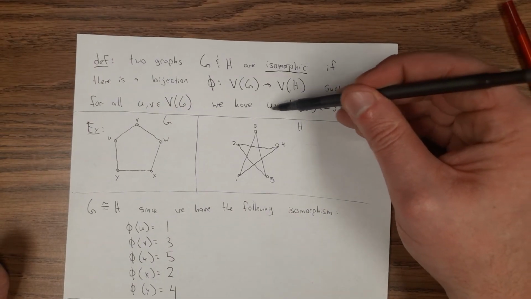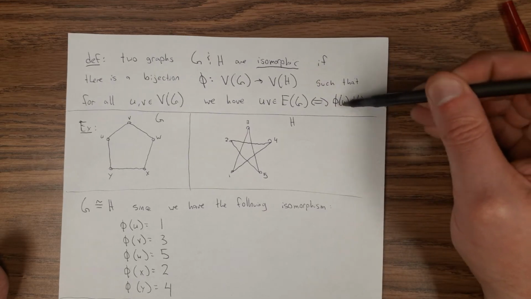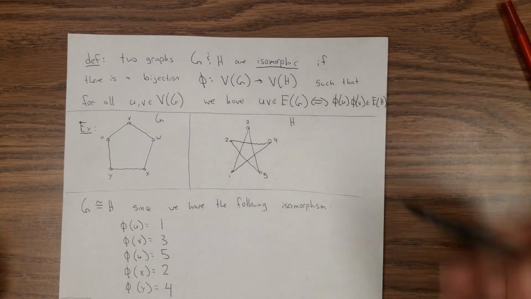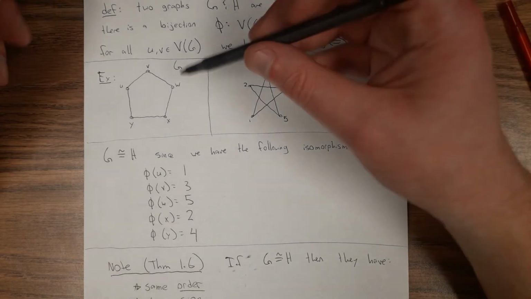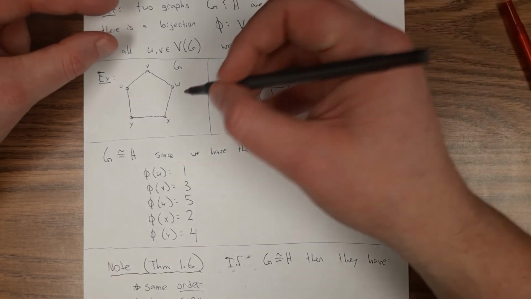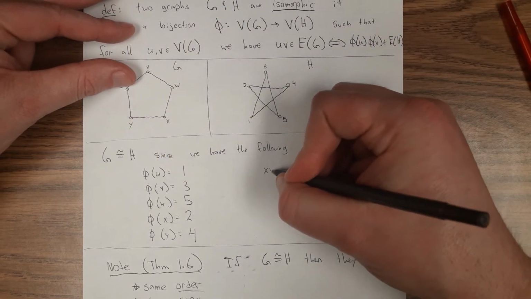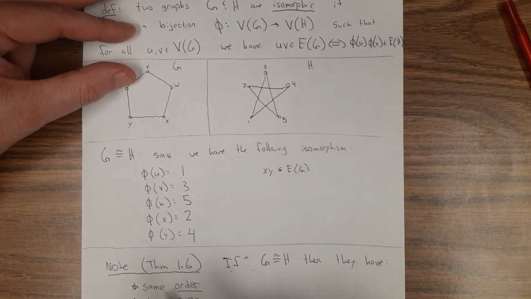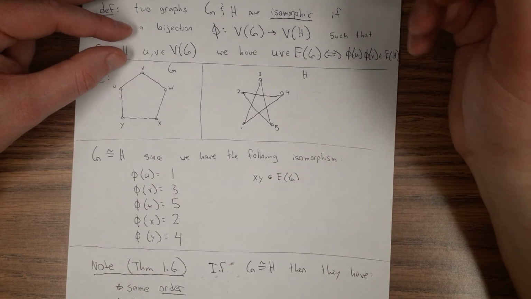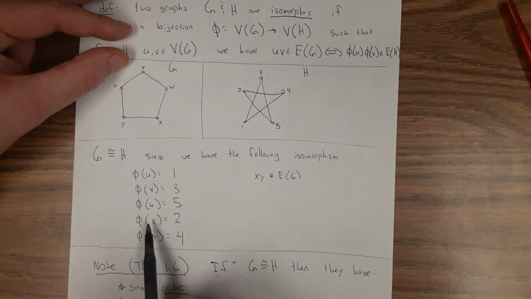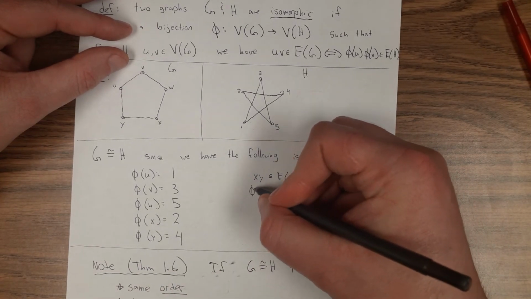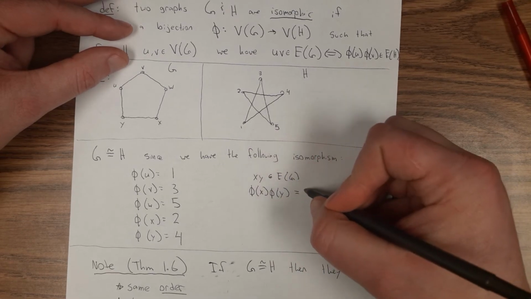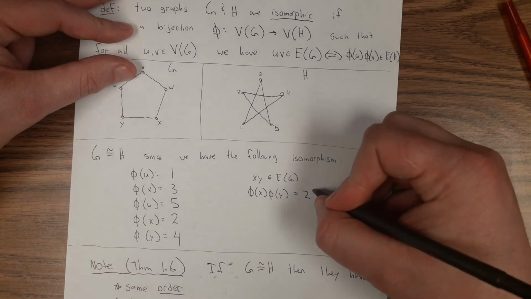The property is supposed to be that if 2 vertices are adjacent in G, then if I look at the images under the isomorphism, those 2 vertices are adjacent in H. For example, let me take 2 vertices here that are adjacent, like say X and Y. That's an edge of G. Now, if I look at their images under the isomorphism, they should be adjacent in H. So I'm doing phi of X, phi of Y, and phi of X is 2, and phi of Y is 4.